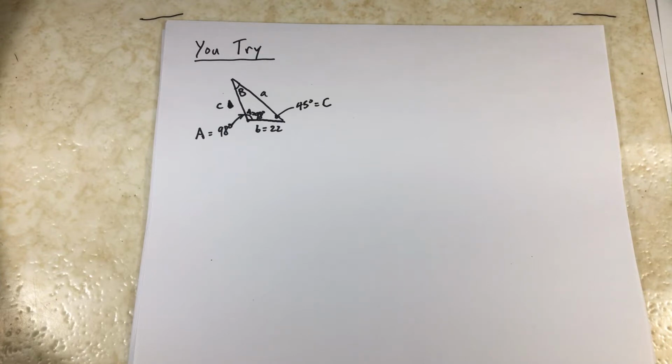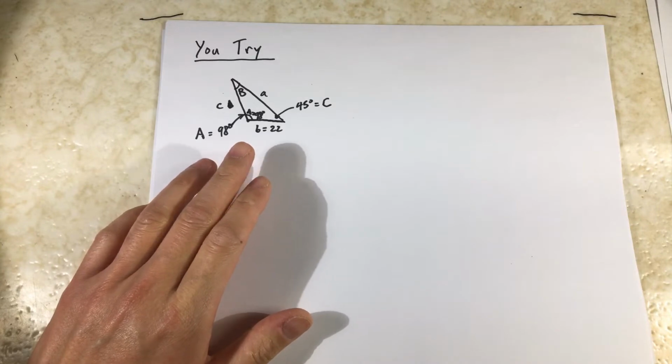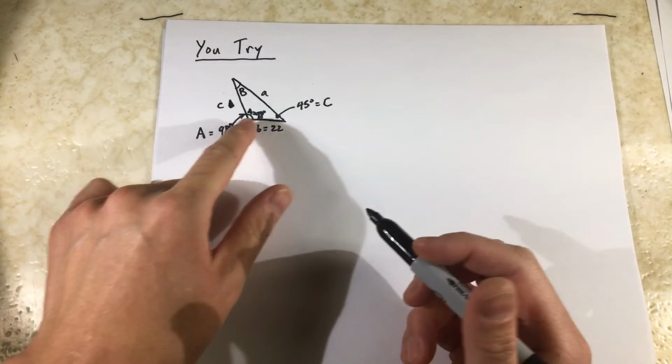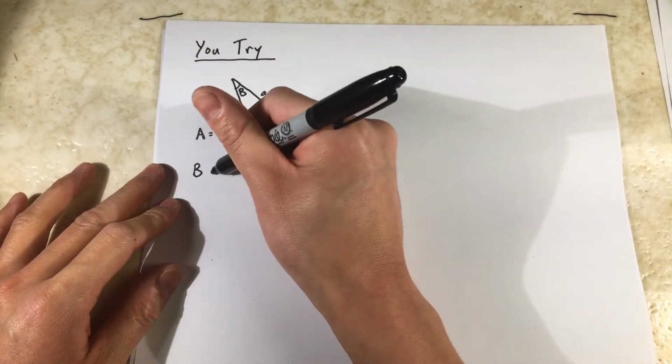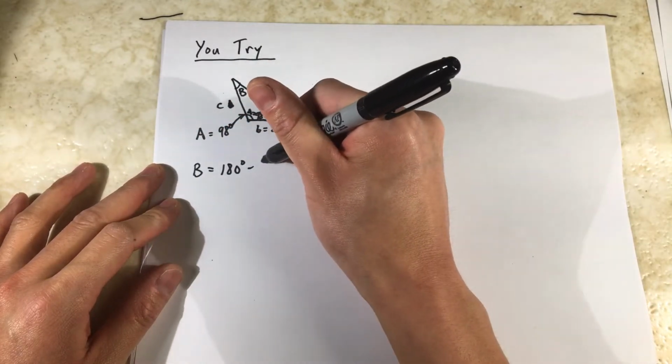If you want, you can just see the first equation and go from there. Here we go. They give us two angles here, so I'm going to solve for this angle B first. I know that angle B should be 180 degrees minus these other two angles.